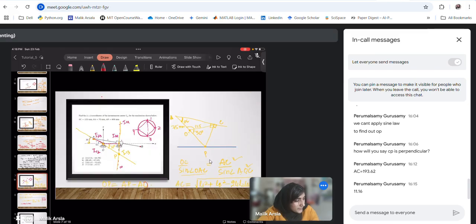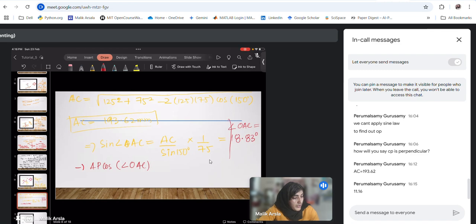Wait a second. AP cos of this angle will be AC, right? Yeah. So what we can write is AP is equal to AC upon cos of angle OAC.